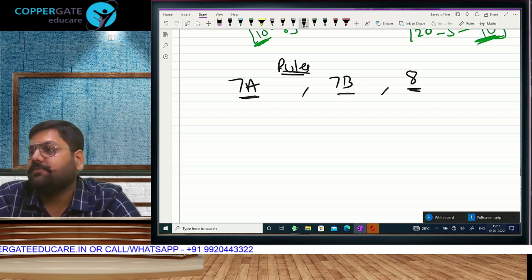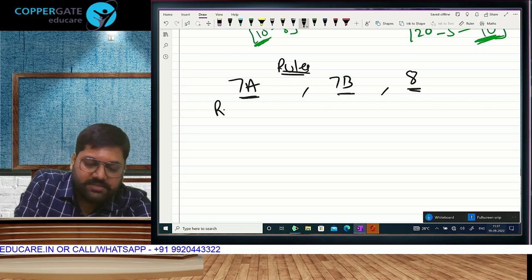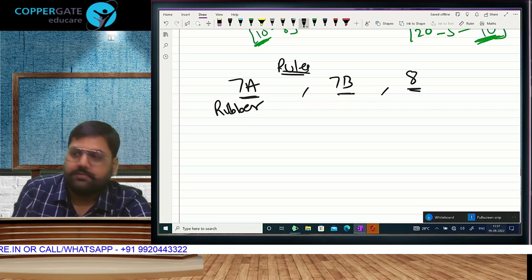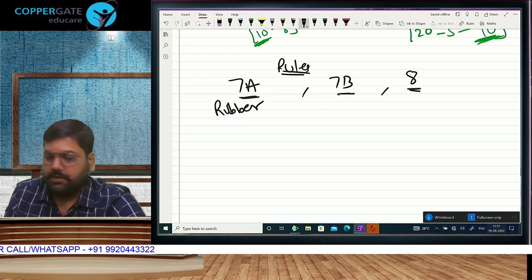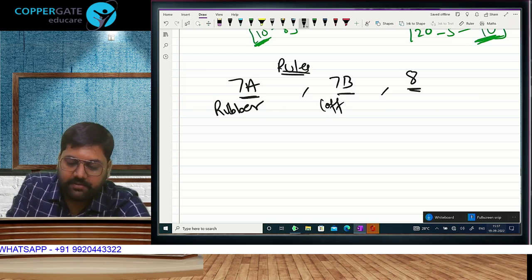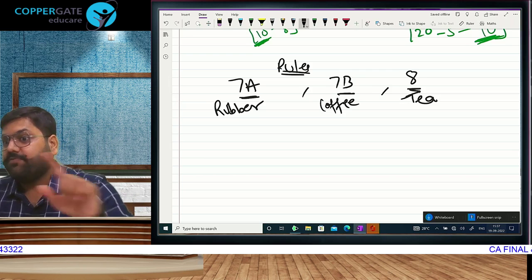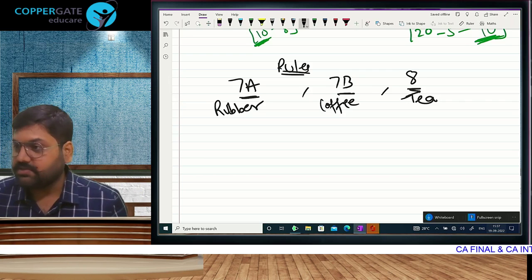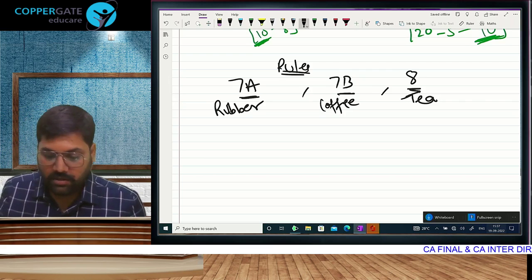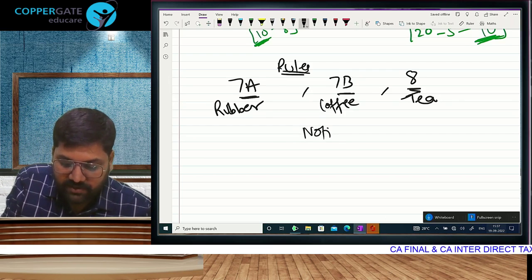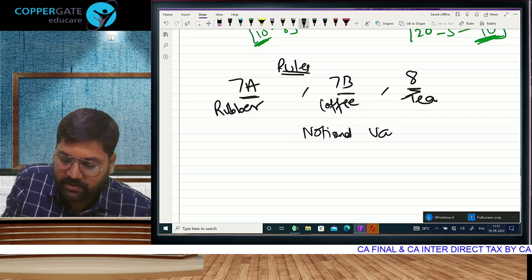But for special businesses, a business called rubber, a business called coffee, and a business called tea, they all involve double activity. Assuming the same person is doing it; different people doing it is a different story. If the same person is doing it, both activities are there. In these businesses, they have just given notional value.